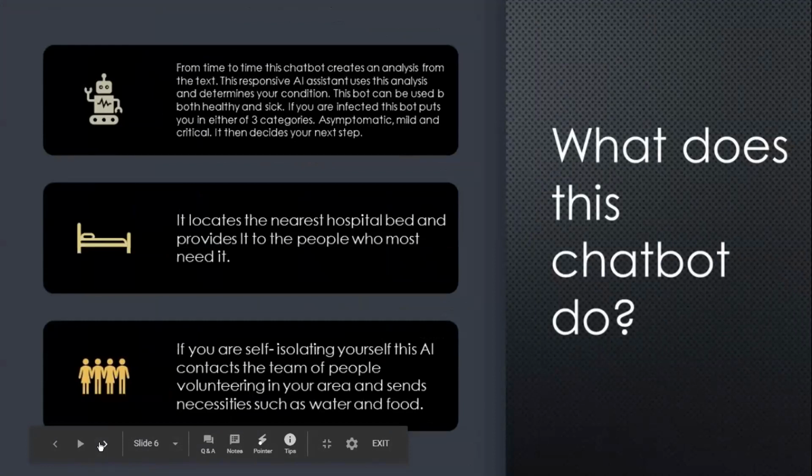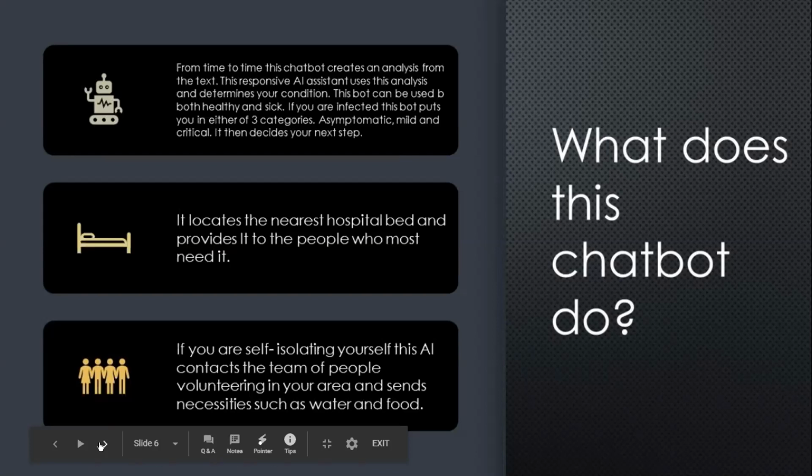If you are infected, the bot puts you in either of three categories: asymptomatic, mild, and critical. It then decides the next step. If it is asymptomatic, it will immediately inform the medical authorities and advise you to stay at home and self-isolate. If it is mild, then it will advise you to go to the hospital, and if it is critical, it will immediately call an ambulance to take you to the ICU.